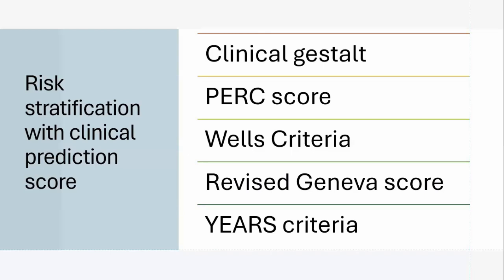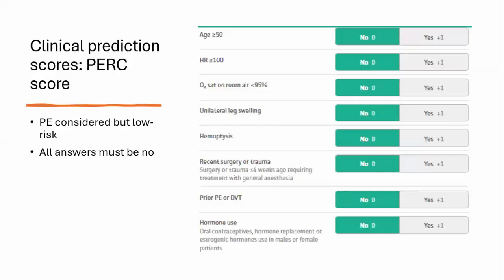So most of these scores are obviously validated. So your PERC score, your pulmonary embolus rule-out criteria. We should be using this to exclude PEs in your patient that's deemed low risk. So they say less than 15% suspicion, which I think is a bit of an odd number because I mean, what is 15%? But that's what the literature says. So obviously you need to score a no on all these questions.